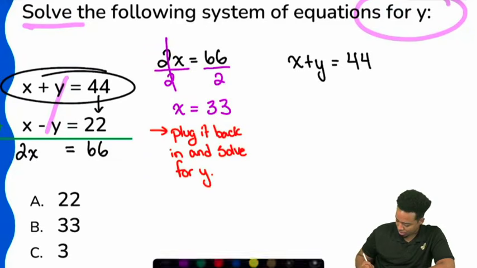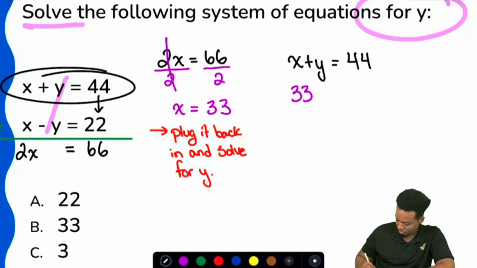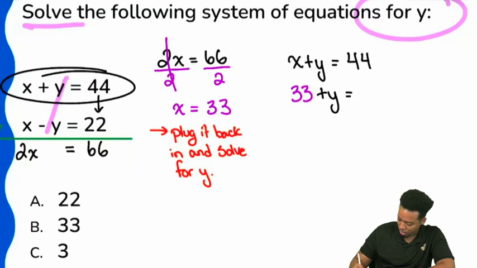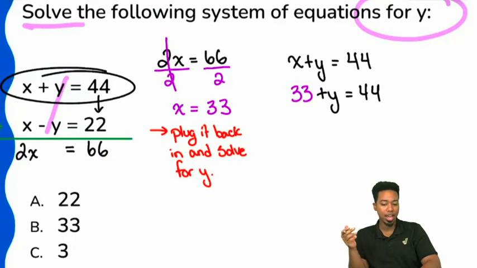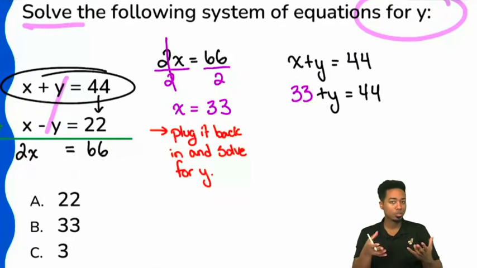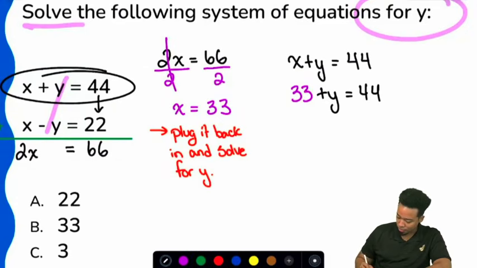I'll plug in x equals 33. So 33 plus y equals 44. Again, everybody, we just essentially have a 33 just sitting there. To get rid of something that's just sitting there, we subtract. So 33 minus 33, we'll take 33 away from both sides.